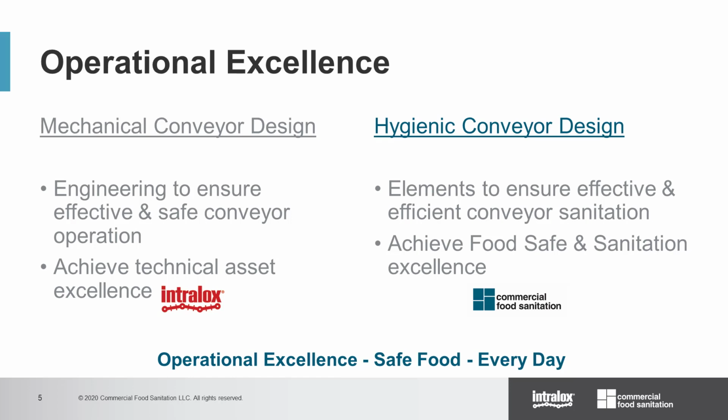Please contact Intralox for specific support in that area. In this course, we will only focus on the hygienic design piece and cover elements to allow effective and efficient cleaning of the conveyor and help achieve operational excellence from the food safe and sanitation perspective.